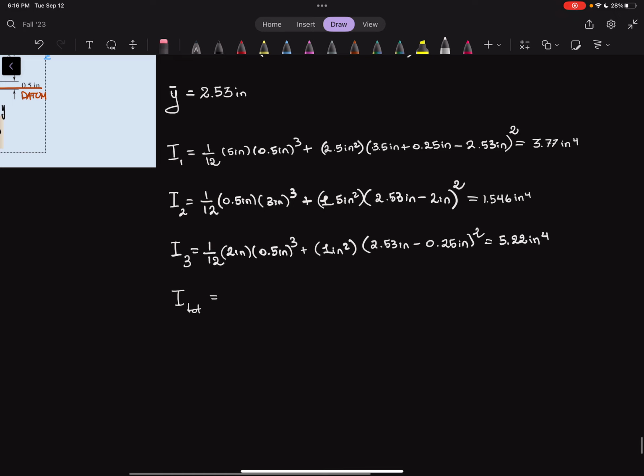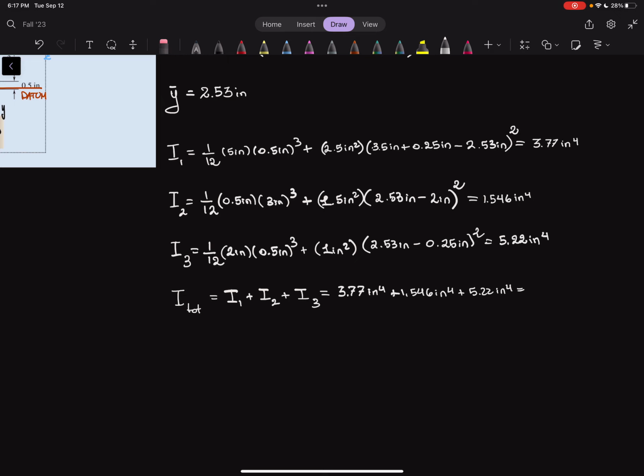What's our total? It's going to be I1 plus I2 plus I3. And so that's going to be 3.77 inches to the fourth plus, I don't know why I put parentheses around everything, 1.546 inches to the fourth plus 5.22 inches to the fourth. So what is that?